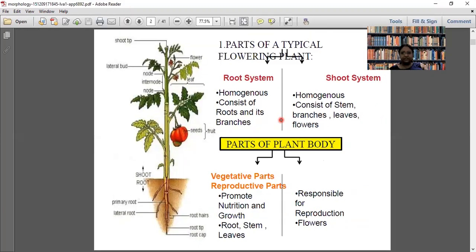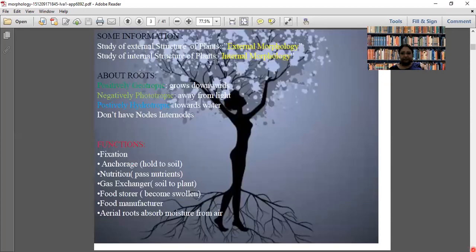So here you can see the parts of plant body. And these are the general functions of root. That is, it is helping in the fixation of plant to the soil. It is anchoring, that is holding the soil.